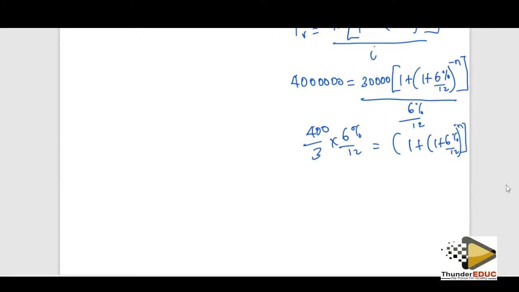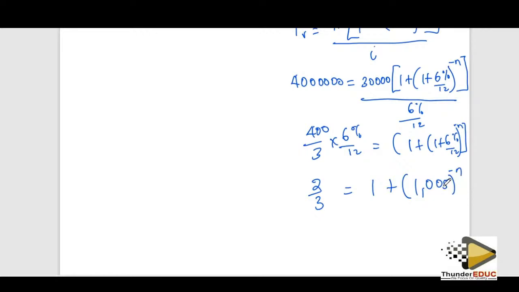That gives us 2 is equal to 1 minus 1.005 to the negative n.